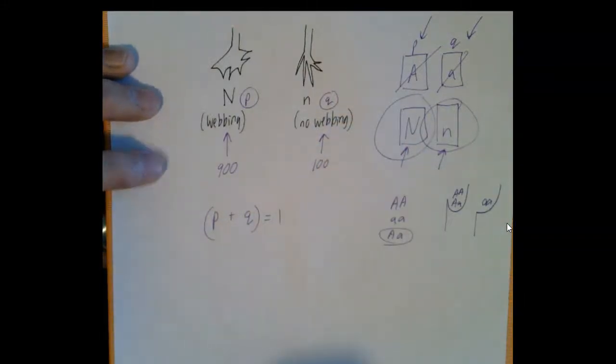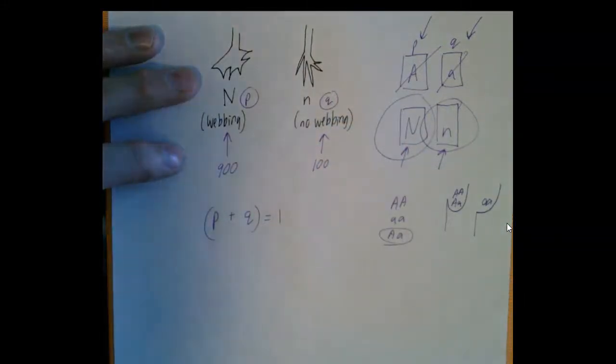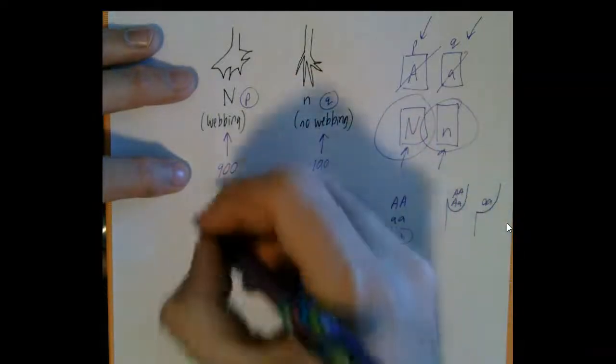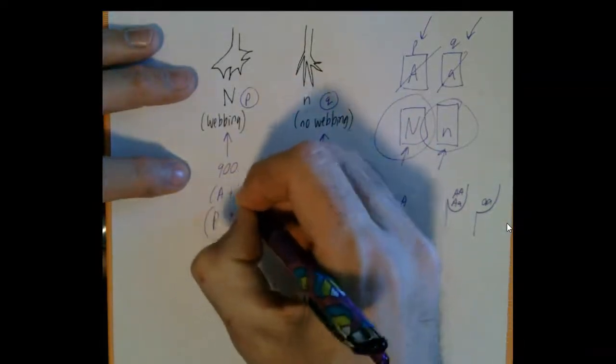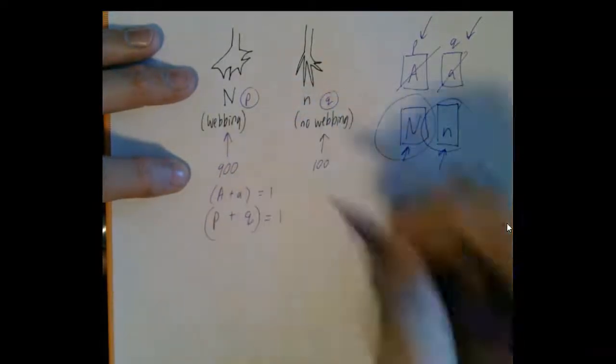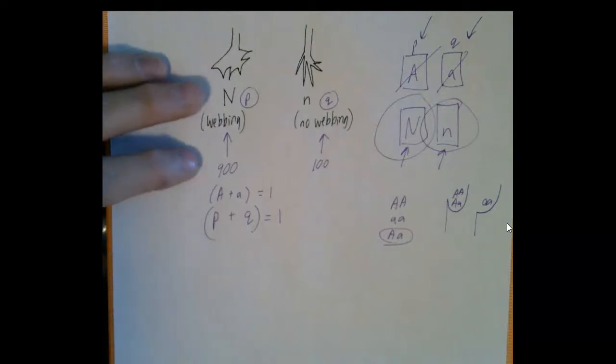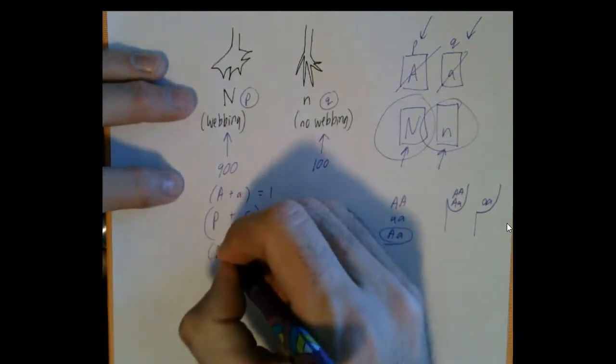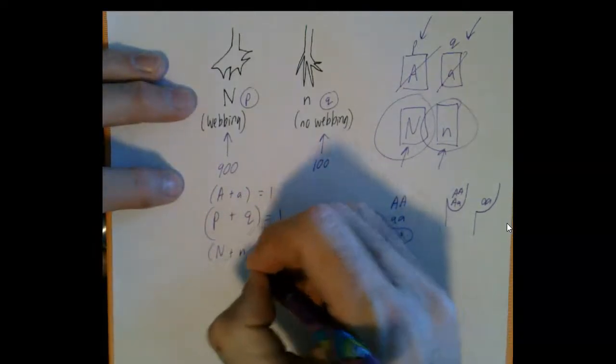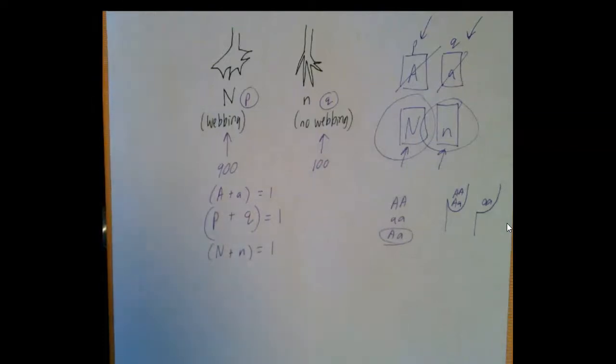It's almost like saying, in the case of you guys with last week, it'd be all the big A's plus all the little a's equals 100% of the population. Or in the case of the birds, all the big N's plus all the little n's equals 100% of the population. We just happen to call P and Q a symbol for the larger and the smaller allele.